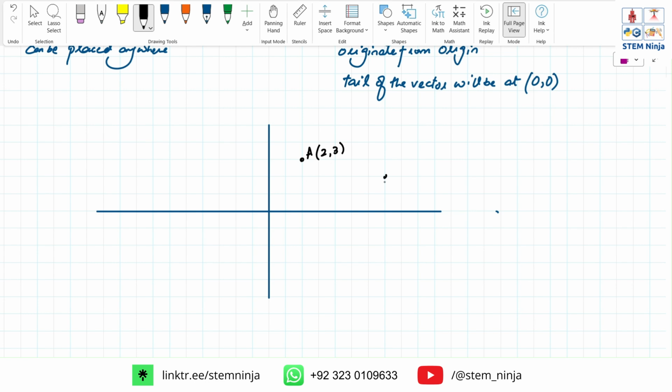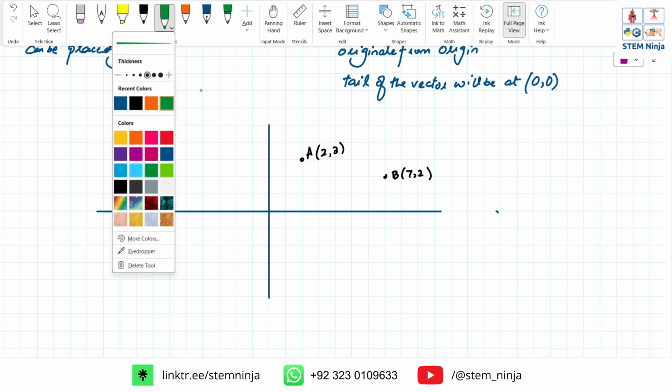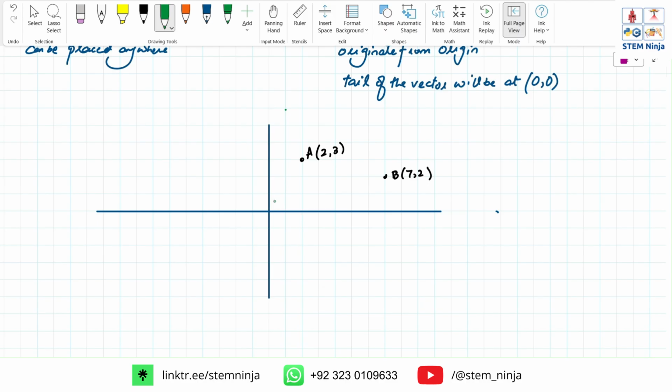And let's take this one, which is 7, 2. First off, we now know how position vectors work. So position vectors will start from the origin. So we can convert coordinates into position vectors. So position vectors will always start from the origin.